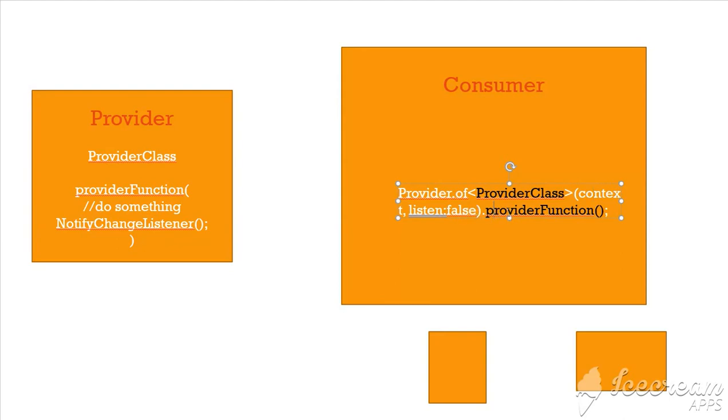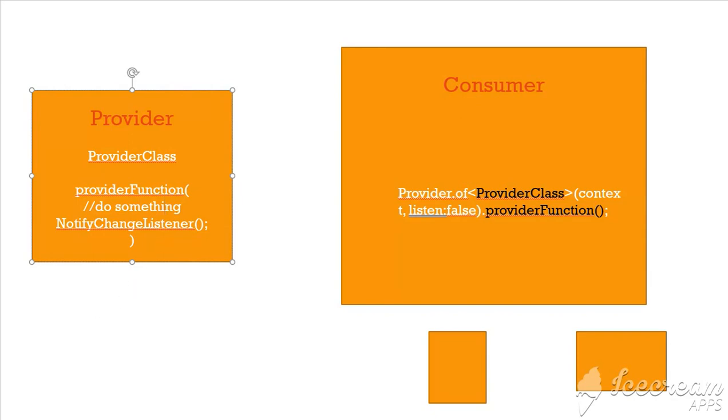And then dot provider function, we call this function here, and then whatever is done, this notify change listener will update the latest state to all the consumers. So this is a simple block diagram explanation of the provider in Flutter.